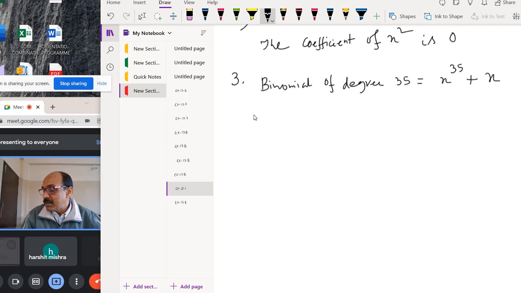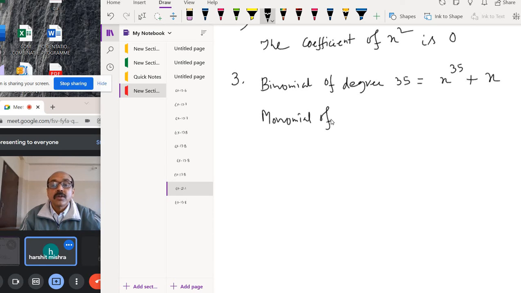Then one more example, a monomial of degree 100. Monomial means a single term, only one term is present in the polynomial.